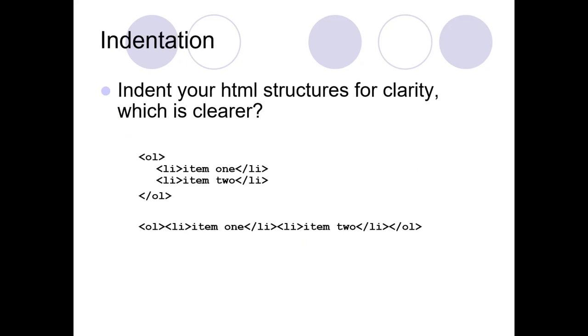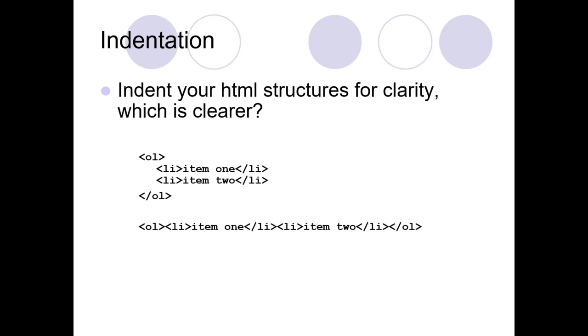So which one, for example, of the indentation coding tips, which one is clearer, the first bit or the second bit? I hope you're all shouting, Gary, it's the first one. Because the first one shows you that in this case, the OL tag, the ordered list tag, is what's called the parent.